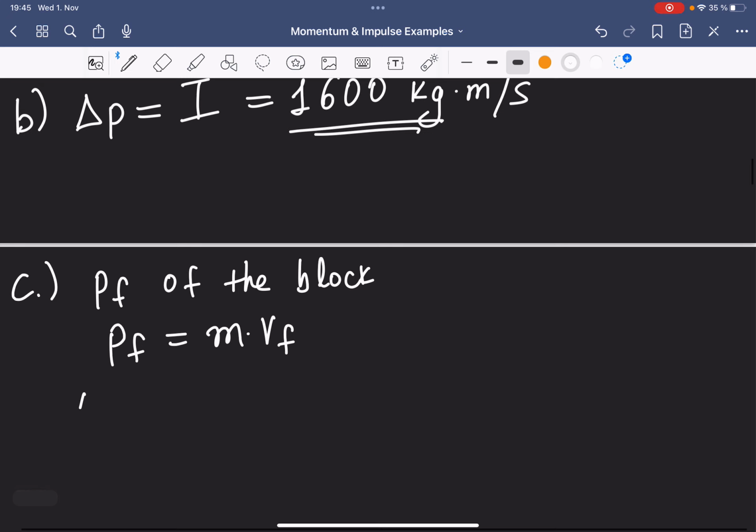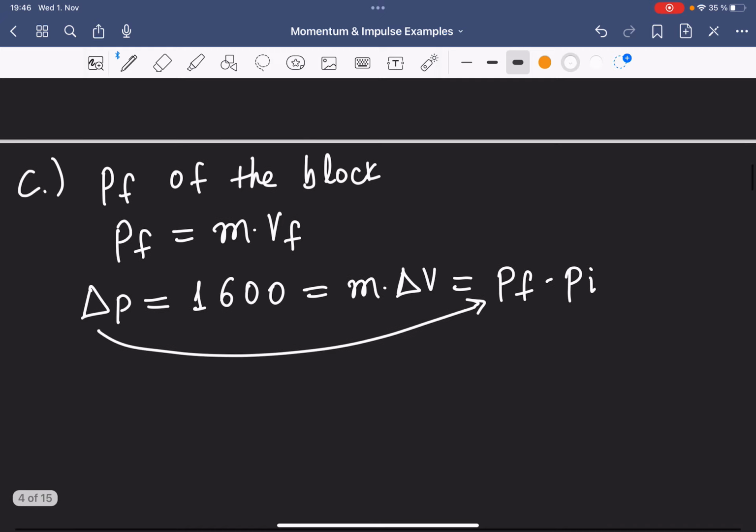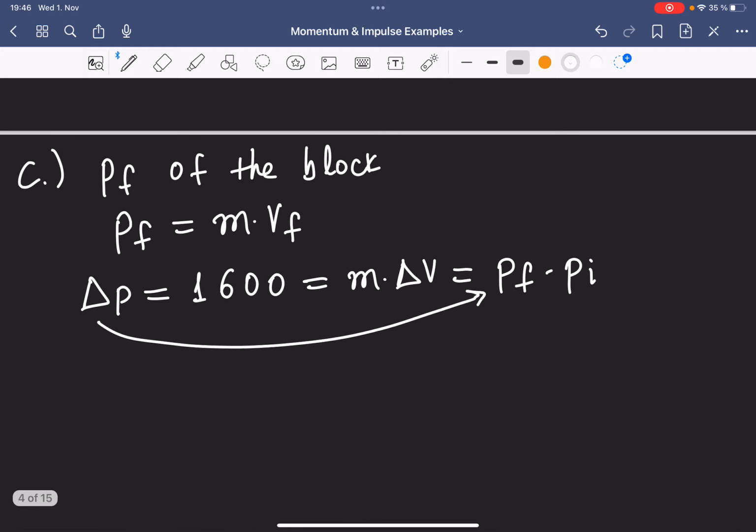We know that the change in momentum delta P is equal to 1600, and that's what we calculated before. But the change in momentum is also given as m delta V, or simply put, the change in momentum we can write as PF minus PI, the P final minus the P initial. That's what the change of a quantity means.